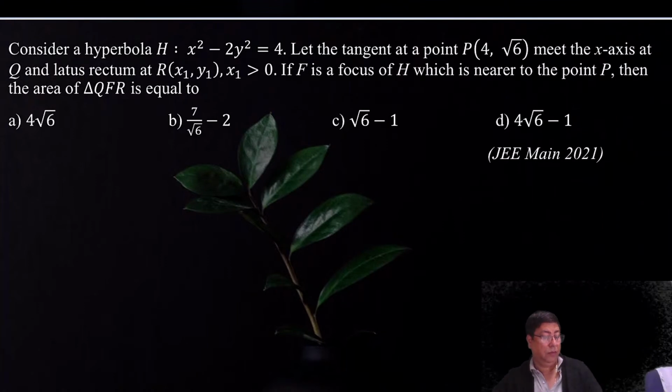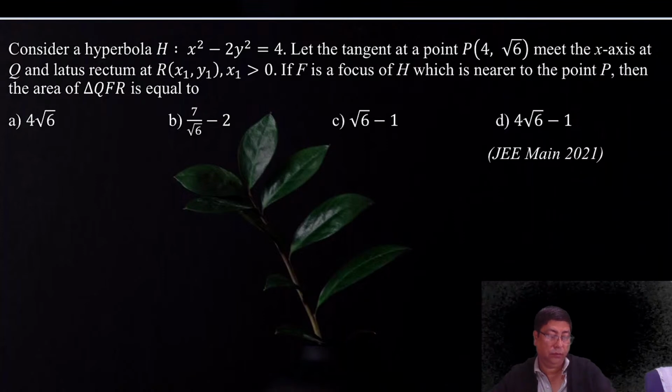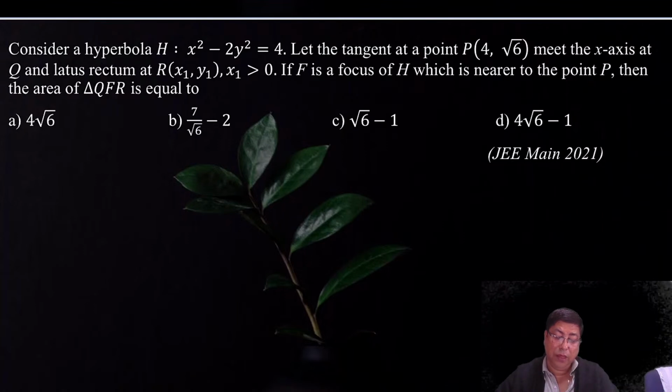Let the tangent at a point P (4, root 6) meet the x-axis at Q and the latus rectum at R. F is the focus of H which is nearest to the point P. Then you have to find the area of QFR.